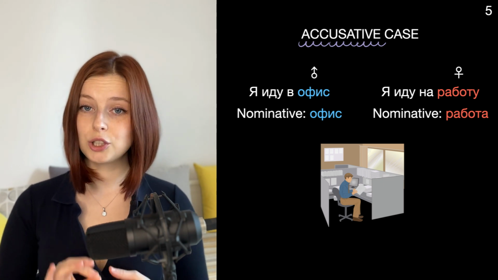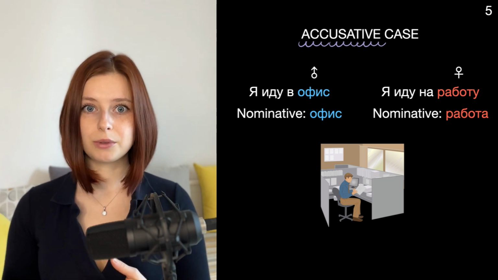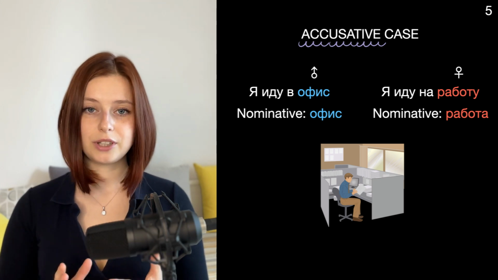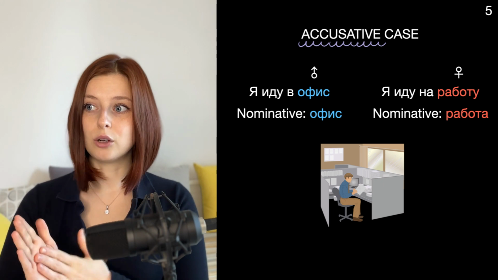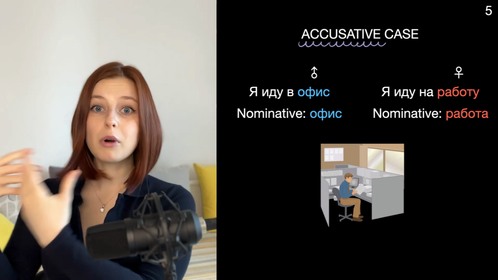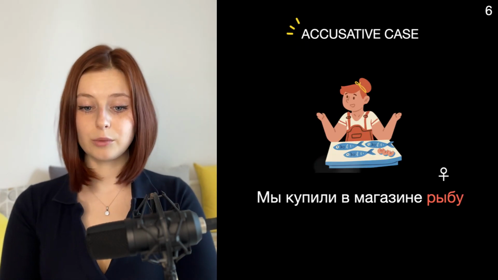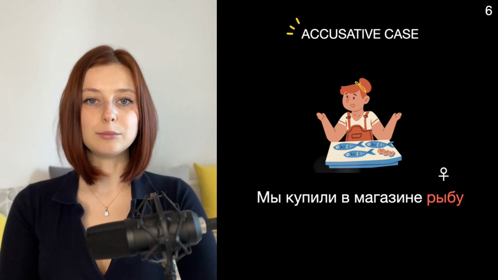The first use, if you remember, was subject, verb, object, right? Second concept that accusative case covers is direction. I go to work, you go to airport, we go to park, like this. But the grammar stays. Next question. Мы купили в магазине рыбу.